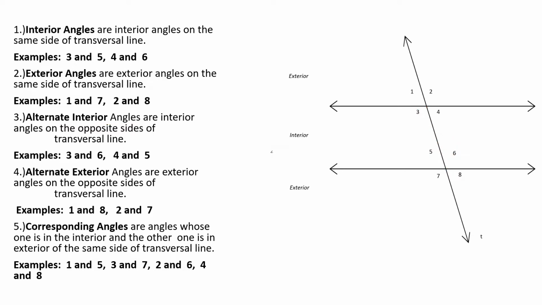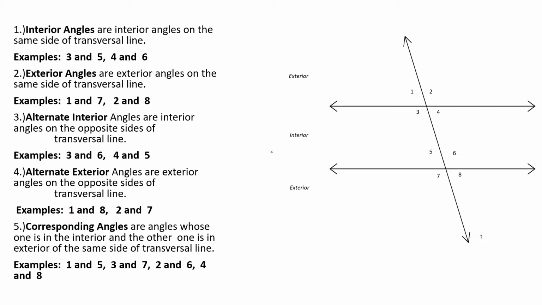Let us now proceed with our alternate exterior angles. Alternate exterior angles are exterior angles on the opposite sides of a transversal line. So we have the first pair here, which are angle 1 and angle 8.